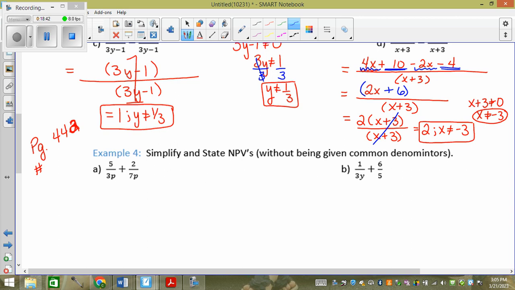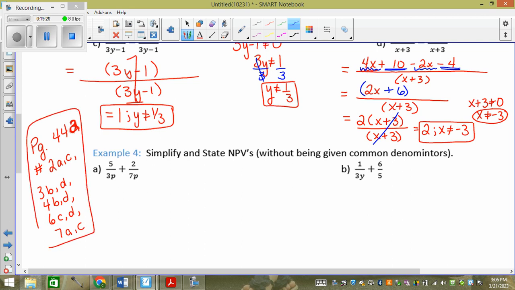Number 2, A, C. 3, B, D. 4, B, D. 6, C, D. 7, A. Only 8 questions.